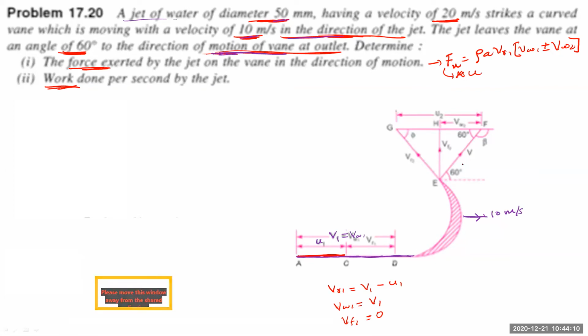On the outlet side, as I have told you, the water jet is leaving making an angle 60 degree with the direction of motion of the vane. So this angle is given 60 degree, and this is your V2.